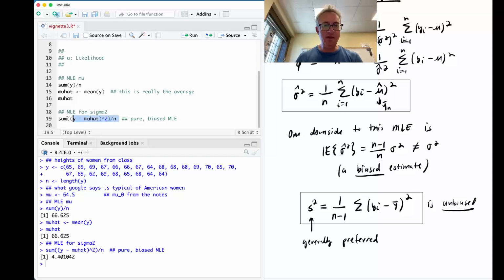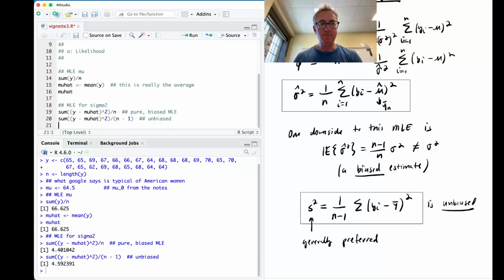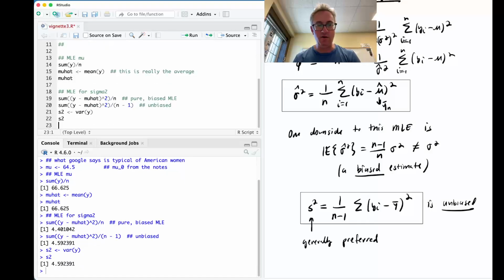We can instead divide by n minus 1, and this will be unbiased. And that is what we're going to call S, or S squared. S squared is really just the variance of the y values in R. So you can see that that's the same number. When we calculate it ourselves by following the formula, we get the same thing as when we call the var command in R. So var is giving you an unbiased estimate of the variance.